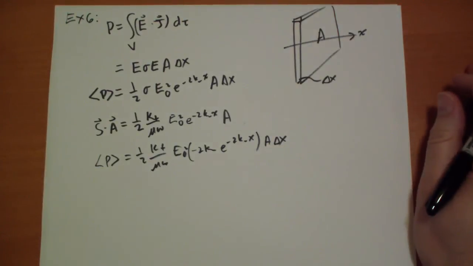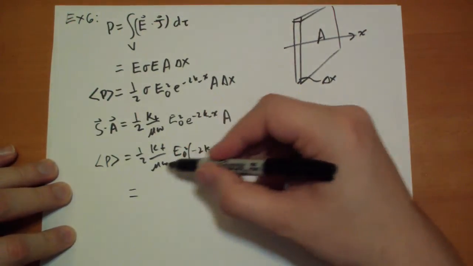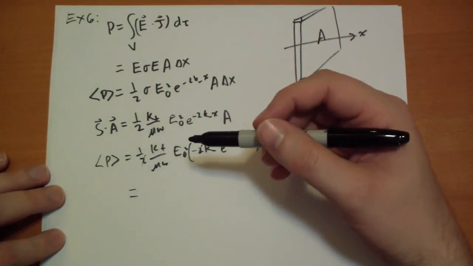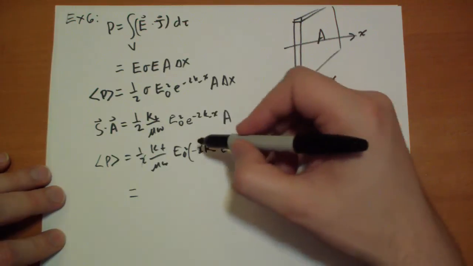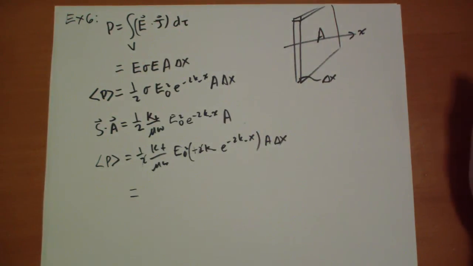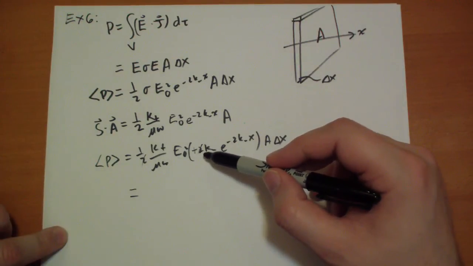Okay, so the 2's cancel. Why do we have minus? Oh, we take the minus of the derivative, so this is going to be a positive derivative. Minus the derivative, so the difference, yes.